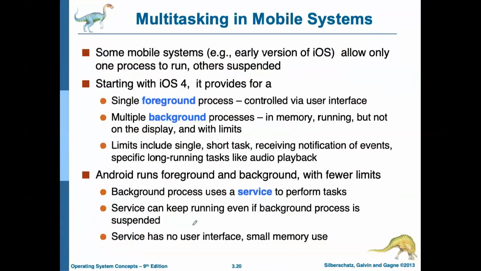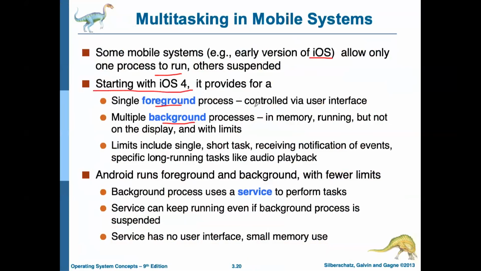Multitasking in mobile systems. Some mobile systems, like the early versions of iOS, allow only one process to run and the rest are suspended. Many processes exist, but only one is chosen to run at one time. Starting with iOS 4, it provides a single foreground process and multiple background processes.